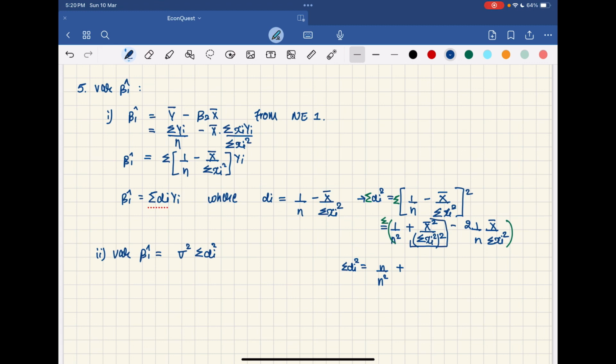This entire term is constant, right? It consists of x's. So this becomes n times x bar square divided by (summation of xi square) whole square.